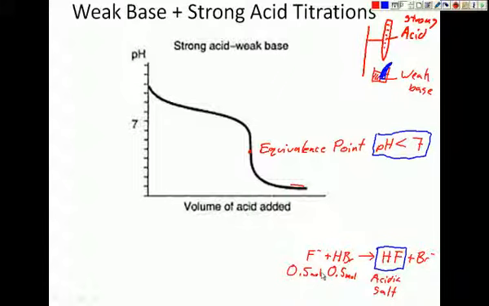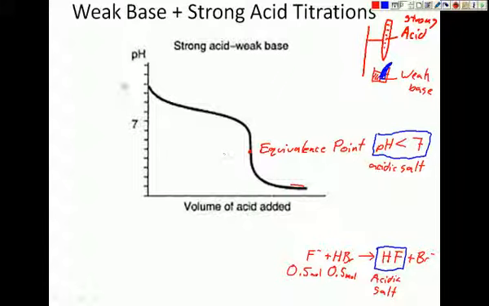Okay, and when it's stoichiometrically equivalent, nothing is in excess, and we get HF. HF is an acidic salt, and that is why our pH is less than 7. Okay, it's acidic at the equivalence point. And so we can write here pH is less than 7 because we make an acidic salt. Okay, so that's our first thing that is kind of important to understand.